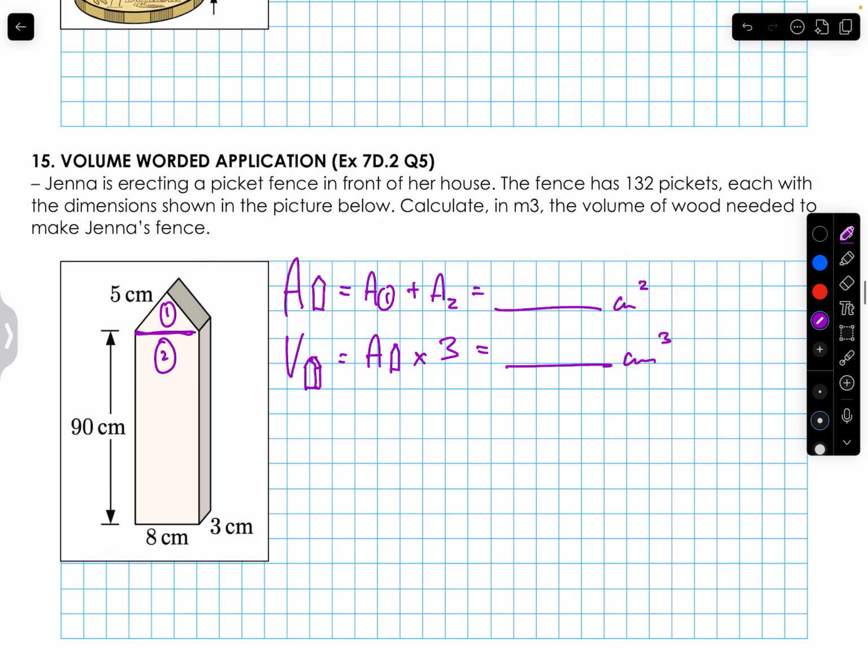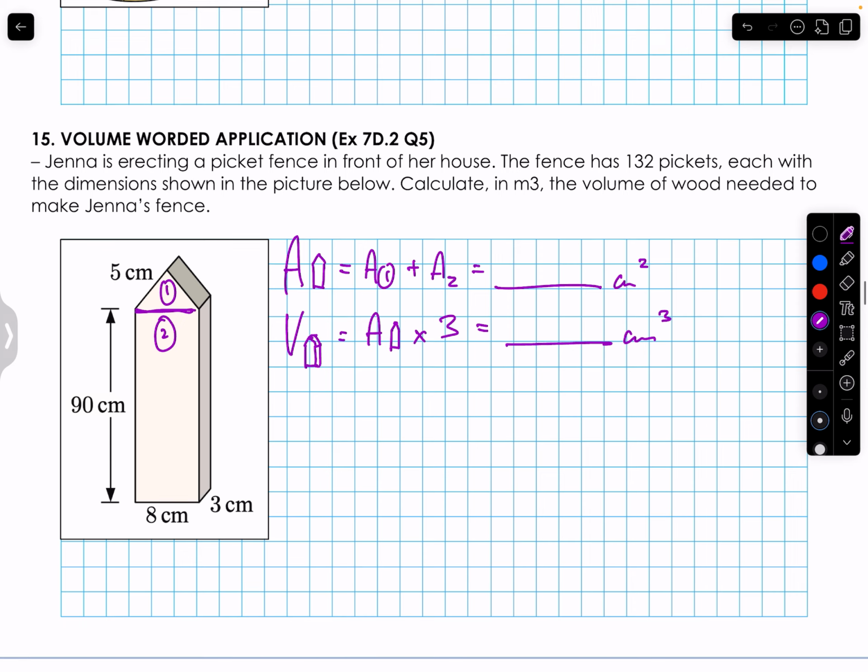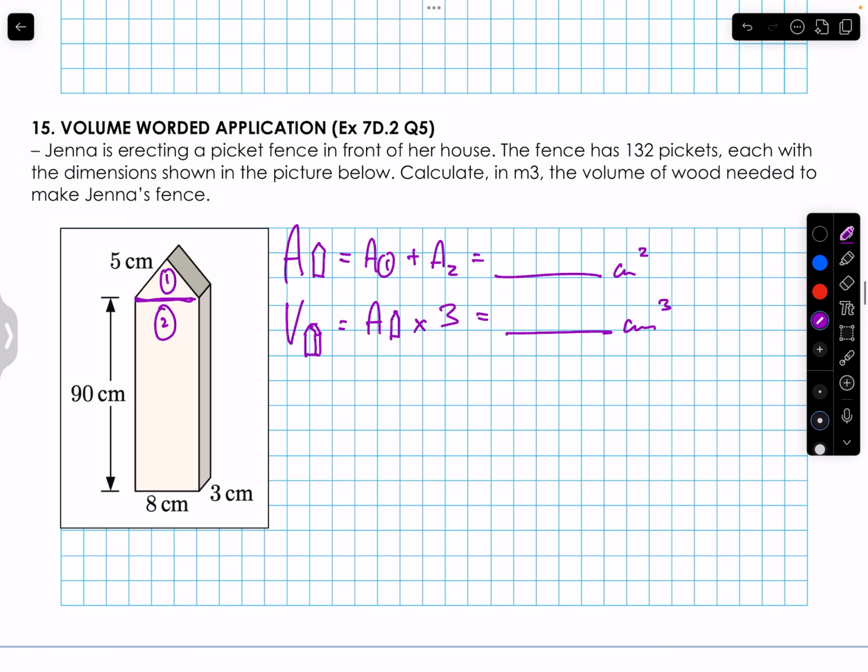You find that yourself. Okay, I'm doing half of it for you. The last thing to point out here is the fence has 132 pickets. So the amount of wood you need is going to be 132 times the volume of each picket, which once again you should find yourself in cubic centimeters.